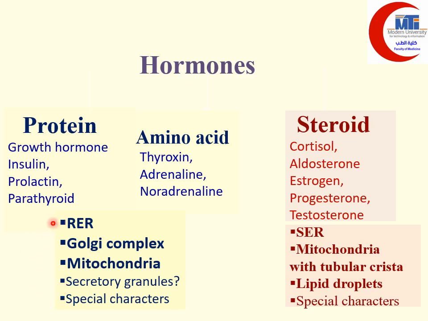As we mentioned in the first year, the rough endoplasmic reticulum is responsible for synthesis of protein, the Golgi complex modifies this protein, mitochondria give energy to this process, and secretory granules contain or store these protein hormones inside. So the electron microscopic picture of protein secreting cells shows well-developed rough endoplasmic reticulum, well-developed Golgi, mitochondria, and secretory granules.